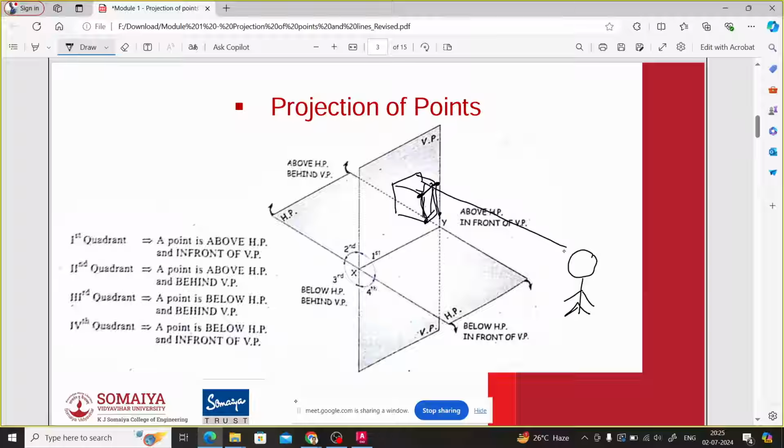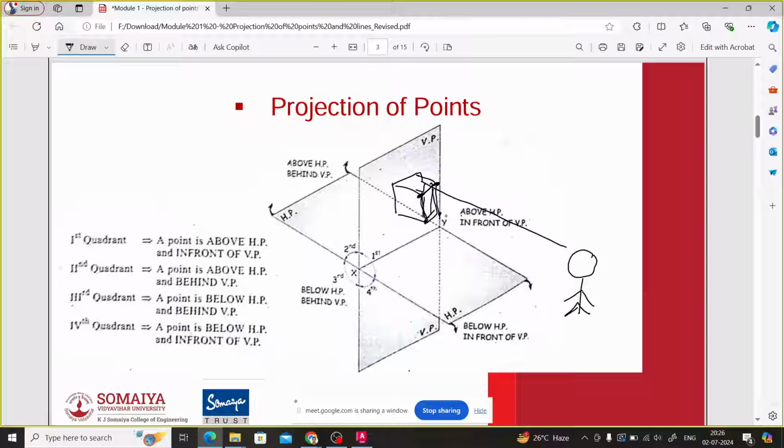But still, it is assumed that the observer is able to see the object very clearly. This is the assumption. Are you able to understand this? Yes, sir. Okay. And whatever projection is obtained is on this vertical plane.